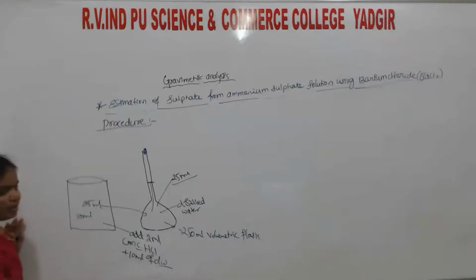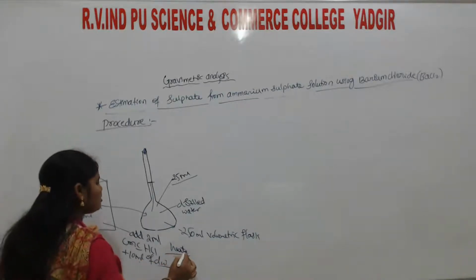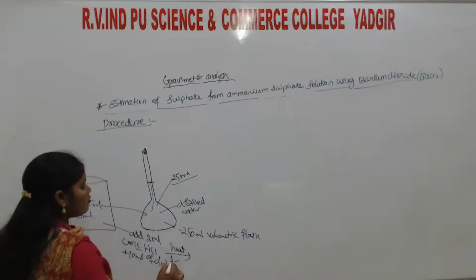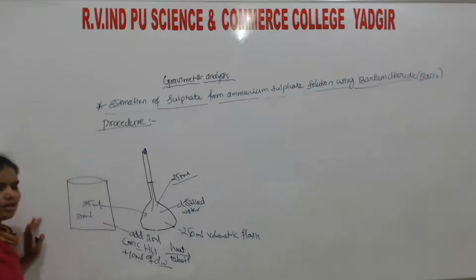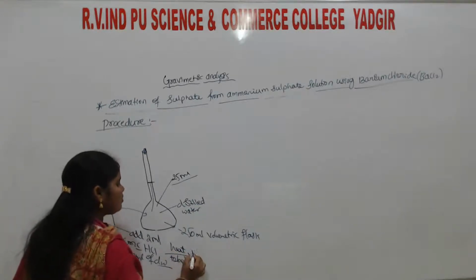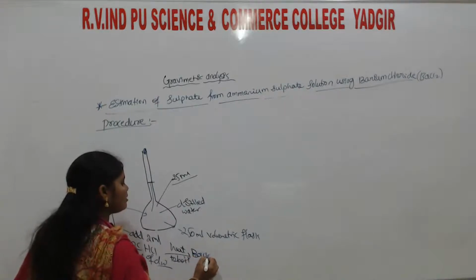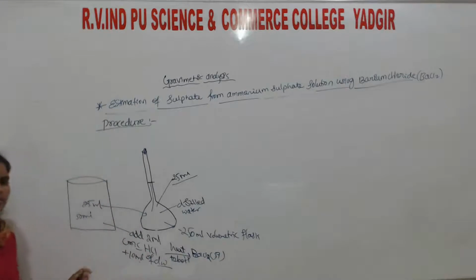Afterwards heating is completed. After heating to boil, add this hot solution of barium chloride, BaCl2, that is 5% barium chloride.